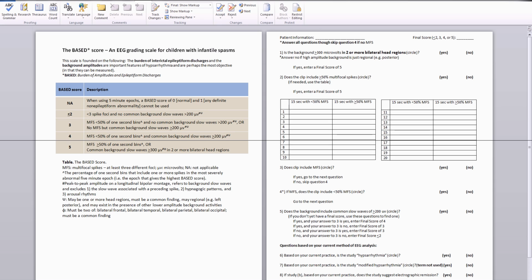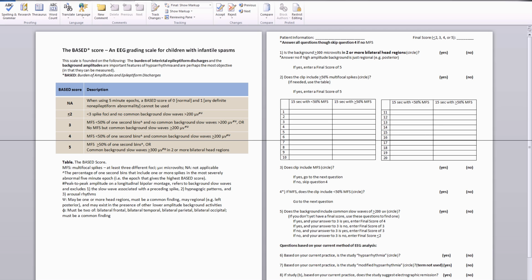Before we begin, it's critical to understand several features of the BASE score. First of all, note the OR in the BASE scores 3 and 5, as well as the AND in the BASE score of 4. Later I will illustrate these details with EEG examples.